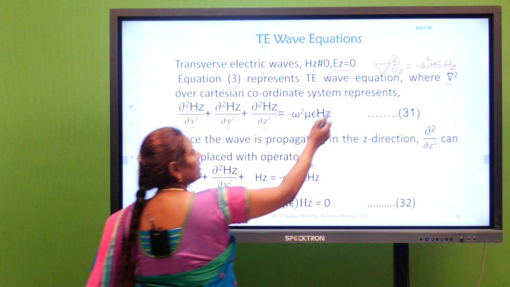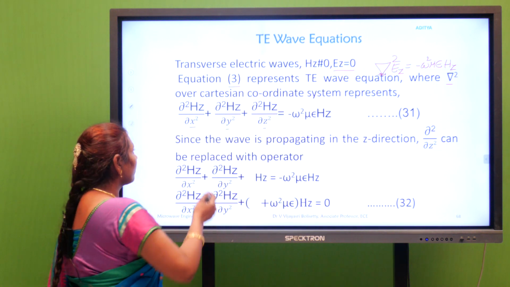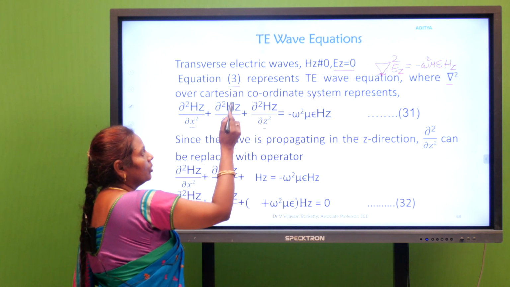So, this is our TE wave equation which is represented in equation 3. For reference, I have written here del square Hz is equal to minus omega square mu epsilon Hz. In this equation we expand del square in the Cartesian coordinate system with respect to x, with respect to y and with respect to z.